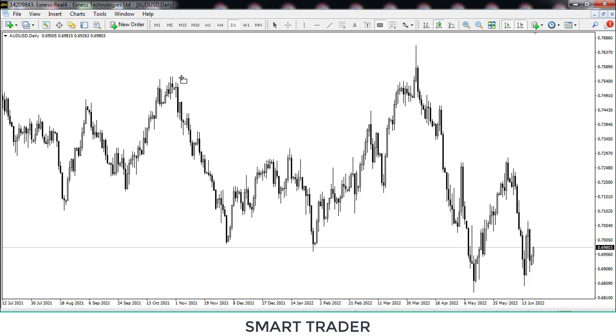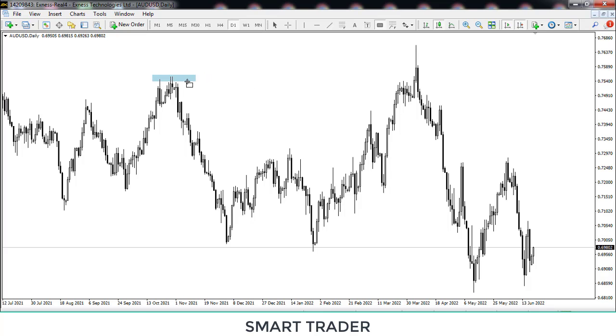If you don't know how to identify the support and resistance levels, you can check the previous video, where I show you how to identify support and resistance. Now, let's begin here.